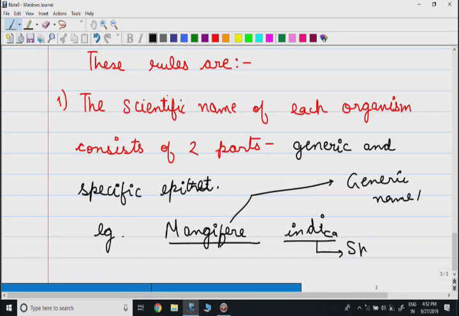This is the specific epithet. Specific epithet means the name of the species together with the genus. Generic name means genus name. It is simple as that.